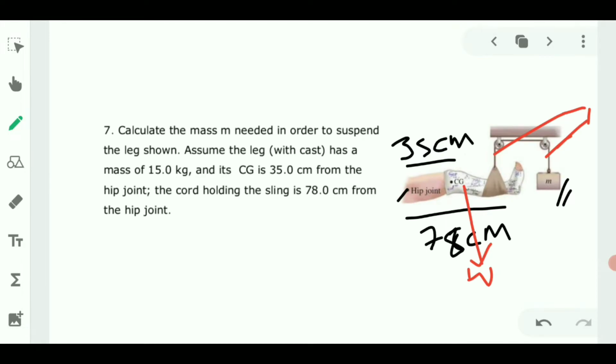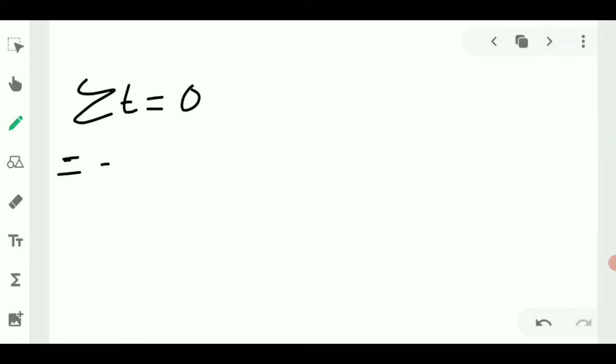We'll consider the hip joint as our pivot. The distance from the center of gravity to the hip joint is 35 centimeters. Converting to meters, we get W multiplied by 0.35 meters, and that will be added to the tension term.